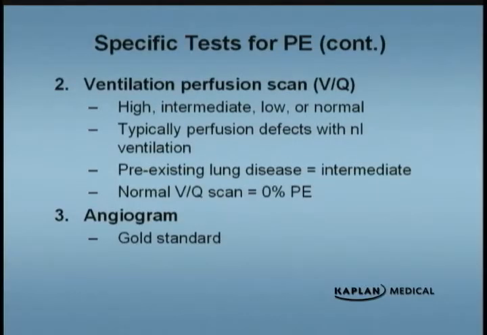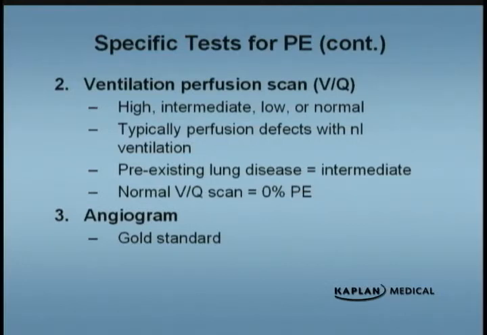So for example, high probability means that this patient 90% of the time has a pulmonary embolism. Intermediate probability means that 50-50, flip of a coin. Low probability means that it's really low, it's about 10%, but it's still significant, because somebody with low probability 10% of the time could have pulmonary thromboembolism and die from it.